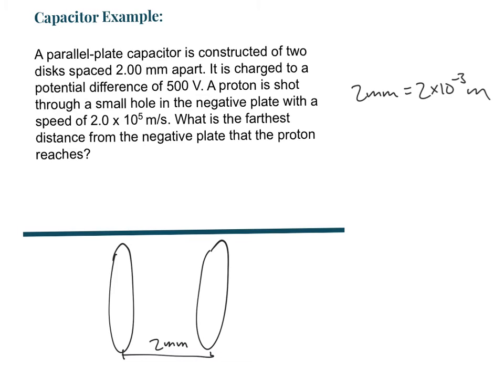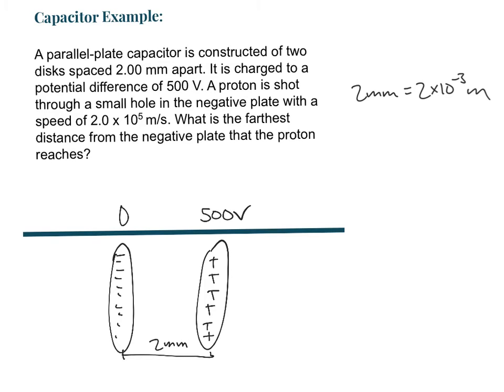It's charged to a potential difference of 500 volts. So I'm going to say this plate's negative, this plate's positive. I'm going to make this plate 0, so if there's a potential difference, this side has to be 500 volts.